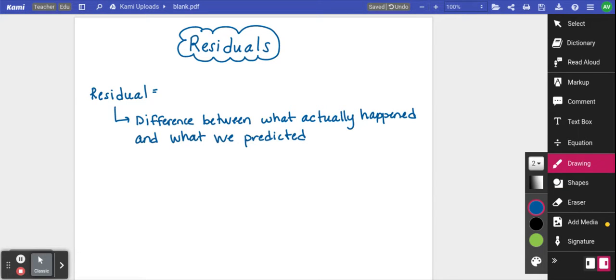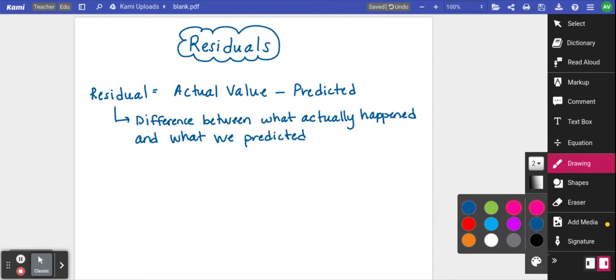To calculate a residual, we find the actual value of what happened, and we subtract the predicted value of what happened.